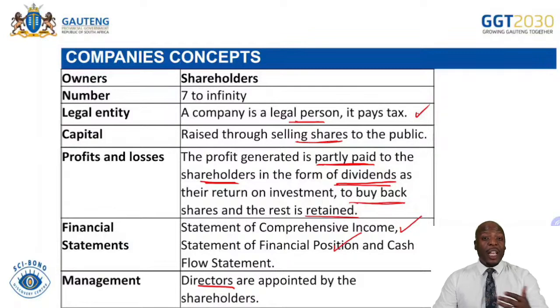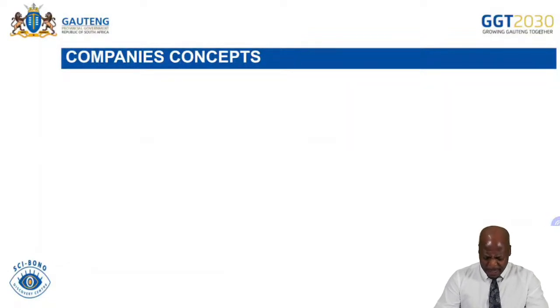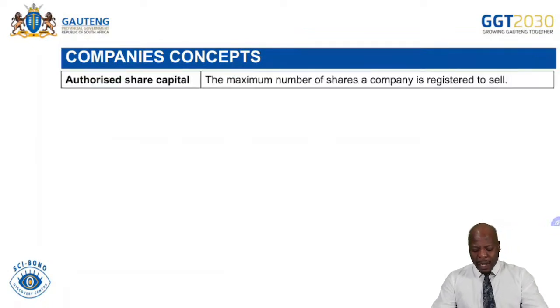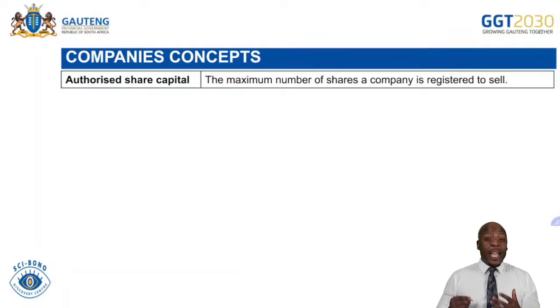Okay, so we've touched a couple of concepts. I want us to stretch a little bit further again. Let's look at more concepts that relate to our companies. The next one that I'm going to look at is what is known as the authorized share capital. Because we said in order to raise capital, the company is going to issue. You're going to find words such as issue or sell. So the company is going to issue or sell shares to the public.